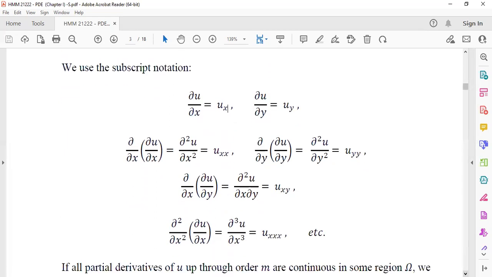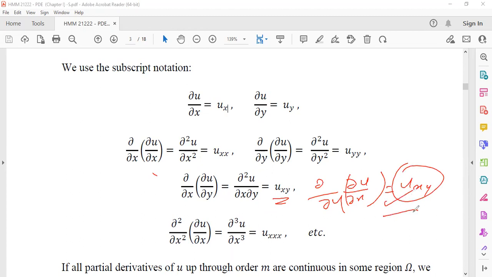Most of the books also use this one. Some books use ∂/∂x of ∂u/∂y as u_xy, as one of the students found. But anyway, according to your book, understand the question and do it.